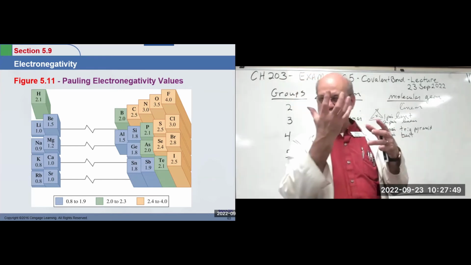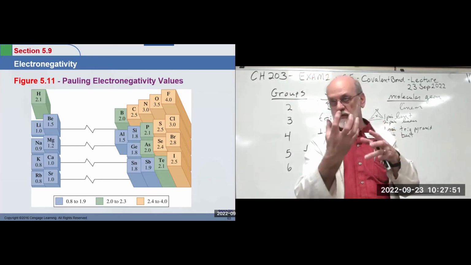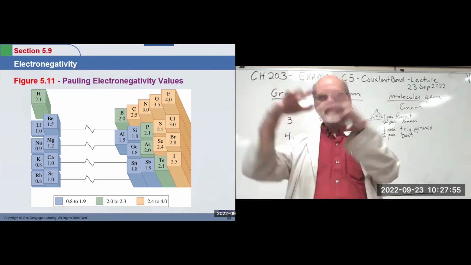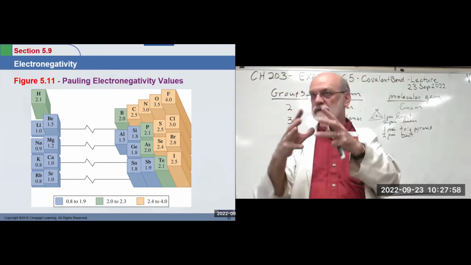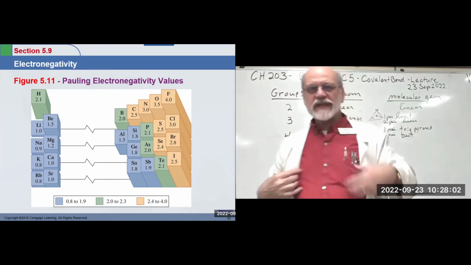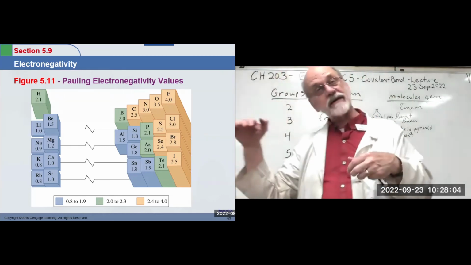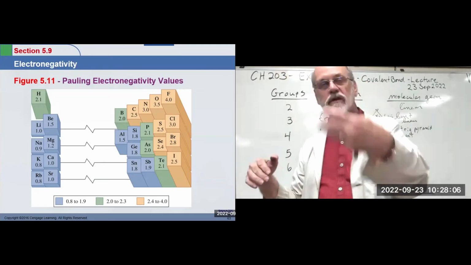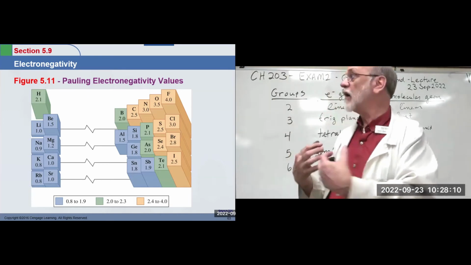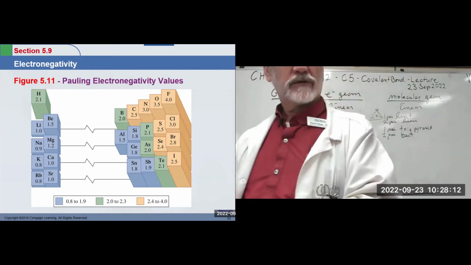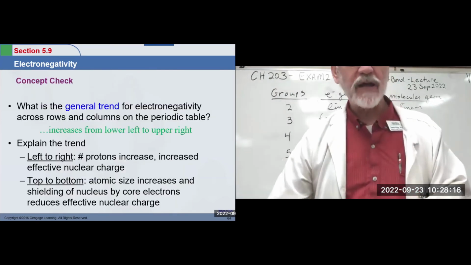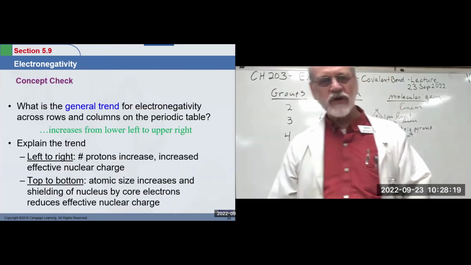So you're getting this strong effective nuclear charge, we call it. The strong positive charge in the nucleus, but the electrons are not further out. They're basically in that same energy level. So what you're seeing from left to right is the effect of increased nuclear charge. That's causing the stronger attraction of fluorine than lithium. Okay, that's what this left to right means. Number of protons increase.